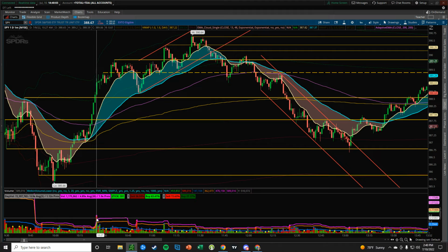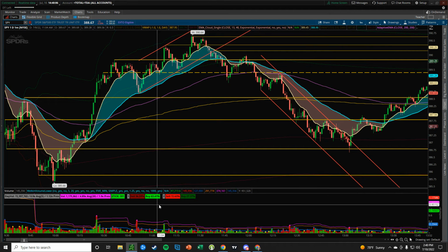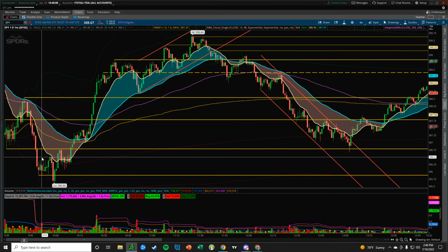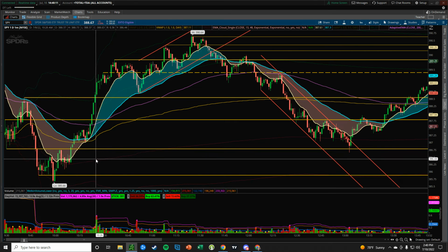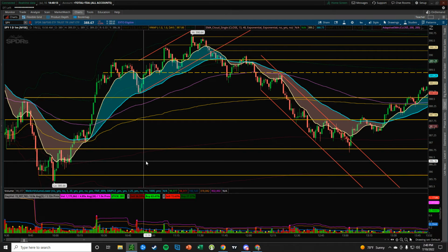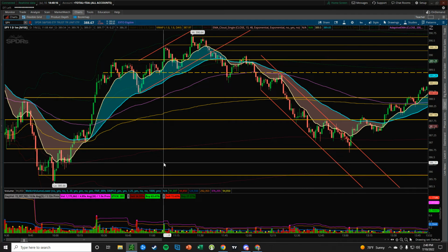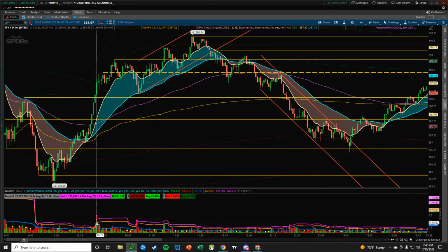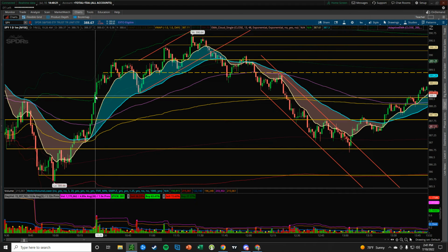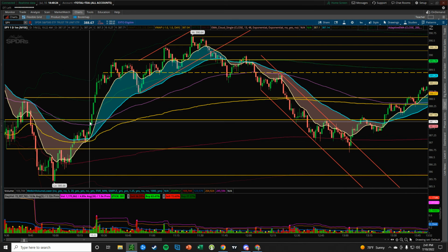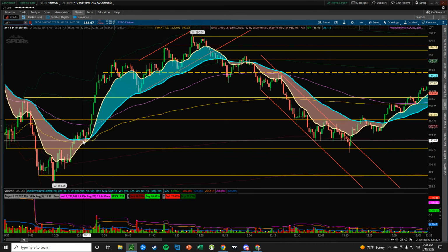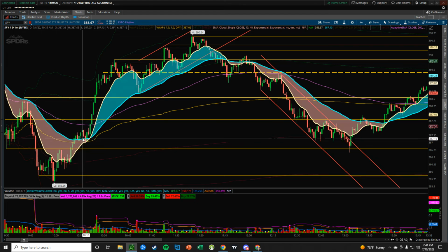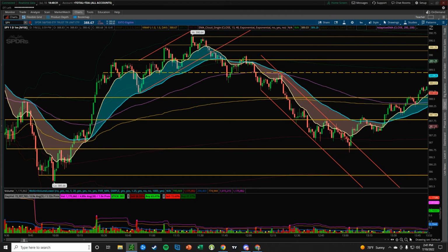Well, let's say this huge volume bar was on a break. Unfortunately, there aren't any real good examples of that in our current chart. But when you get a really big volume bar that initiates a move, so if we're in consolidation like this, and then this bar right here, if this bar was as large as this bar, I wouldn't try and play the break of this resistance level as a reversal, right?